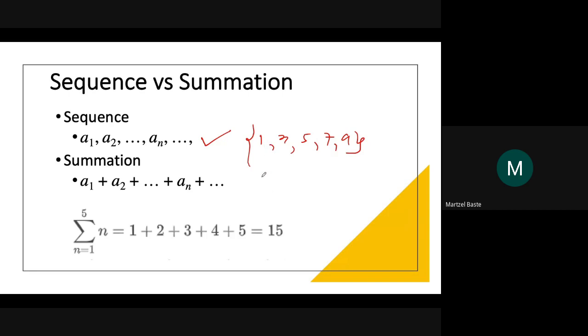So what you will do is 1 plus 3 plus 5 plus 7 plus 9. Not elements, but terms.